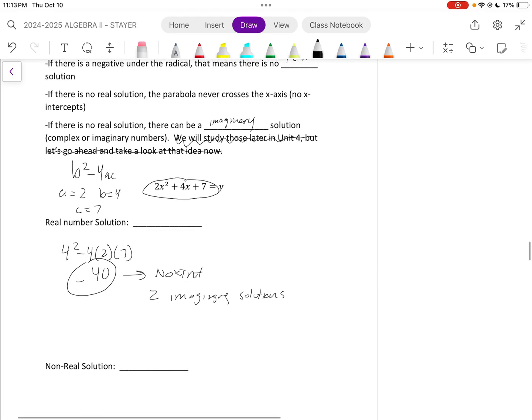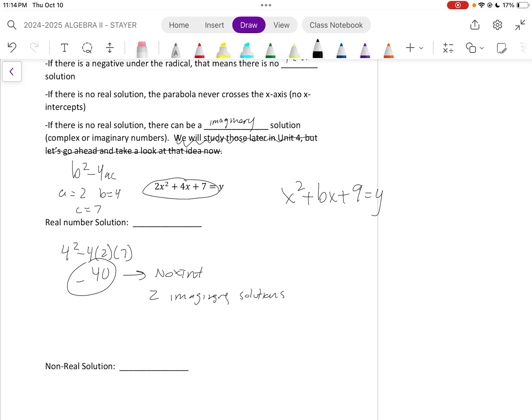Okay, and this will help us out when we do that. I want to bring up a couple things. Some things that we see on the PSAT is you might see something like this. You might say, hey, x squared plus bx plus 9 equals y.